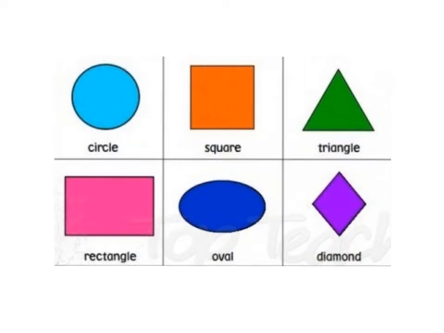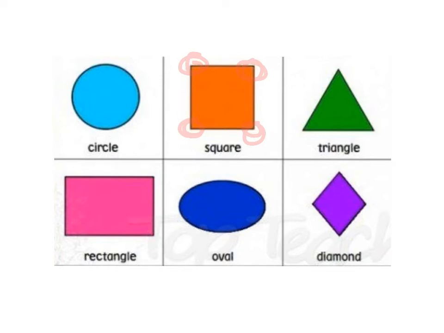Here we got the shapes again. So what we'll do now is we'll see if we can remember the corners. Get something to color with. Here we go. Nice red one. Let's see. We'll start with the circle, the light blue one in the beginning there. We learned last time that circles don't have any corners, which makes them perfect for rolling with. But when we look at the square, we learned that a square has 1, 2, 3, 4 corners.